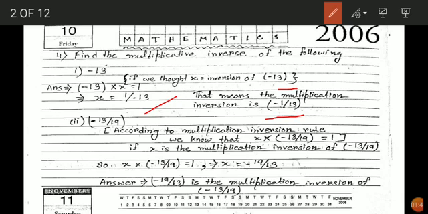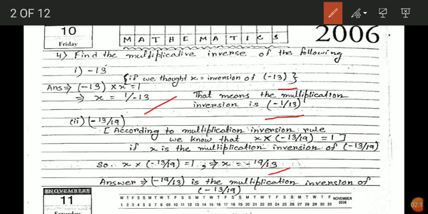Next question is minus 13 by 19. According to the multiplicative inverse rule, x into minus 13 by 19 equals 1 if x is the multiplicative inverse of minus 13 by 19. If we solve this equation, x equals minus 19 by 13.